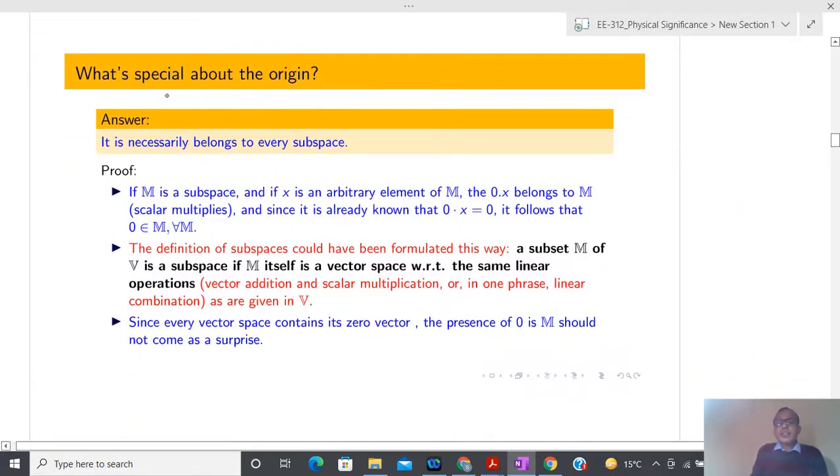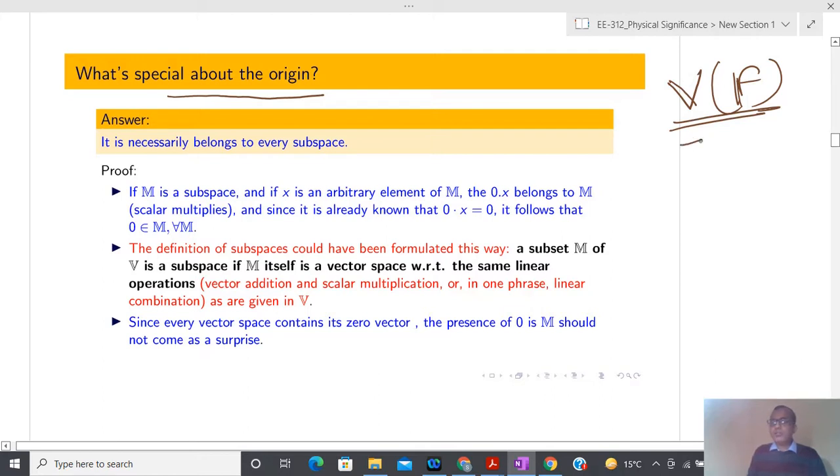Okay, now let us see what is special about the origin. Whenever I am talking about the origin, please be careful. The origin may depend on what kind of vectors I have selected and what kind of scalars or field elements I have selected in order to develop the vector space.